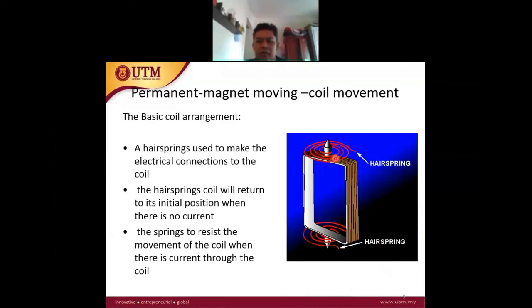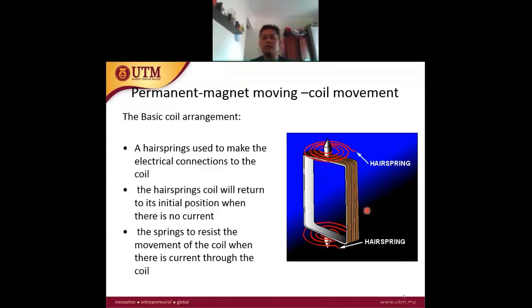Okay. So the thing is that when there is no current flowing through the conductor, it means that there is no deflection torque. There is no interaction between the magnetic field generated by the conductor and the permanent magnetic field. So there is no rotation.